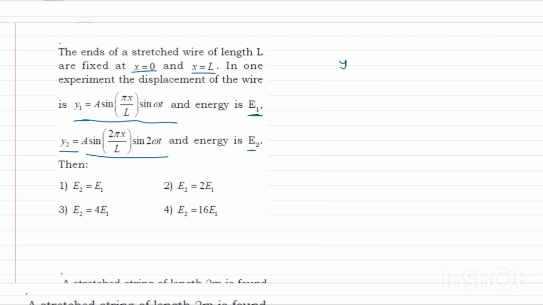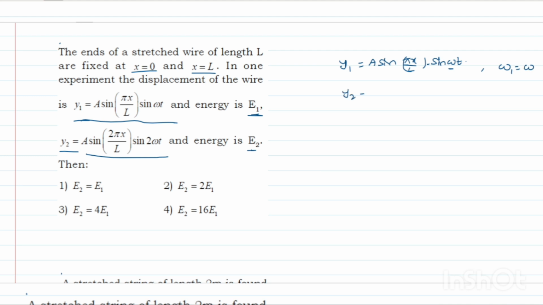and here in the first equation y1 will be equal to A sin pi x by L into sin omega t, and its angular frequency you can take as omega, so omega 1 equals omega.